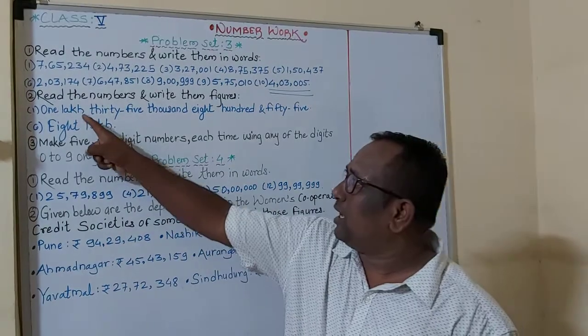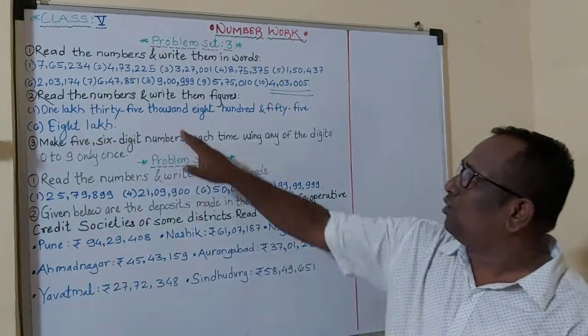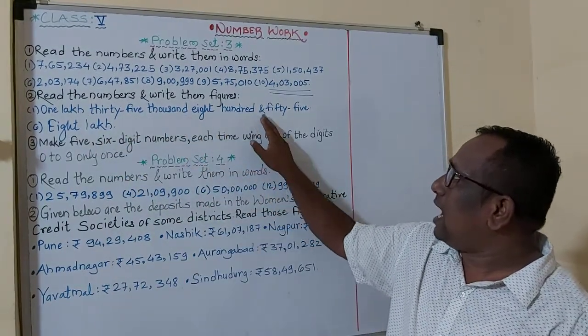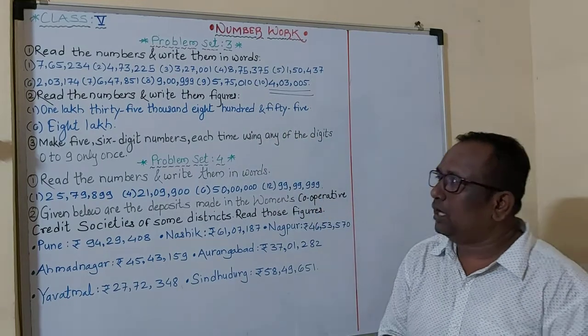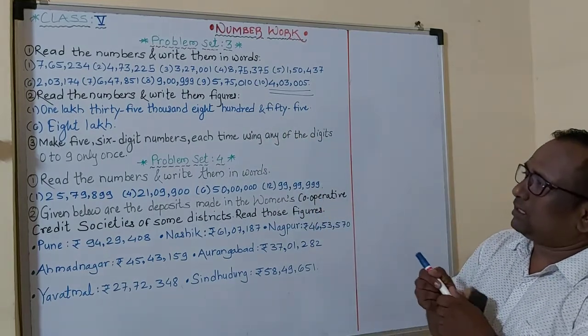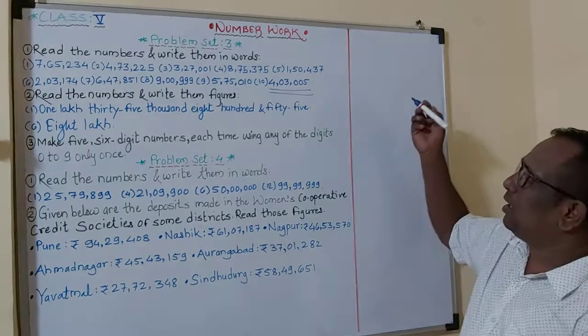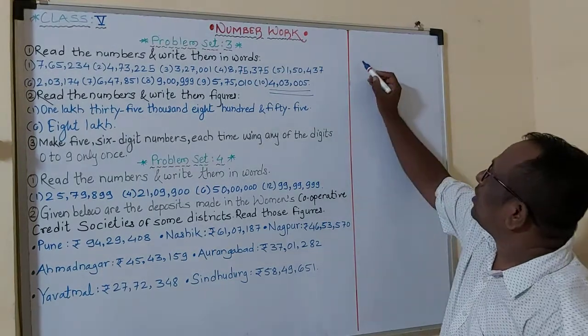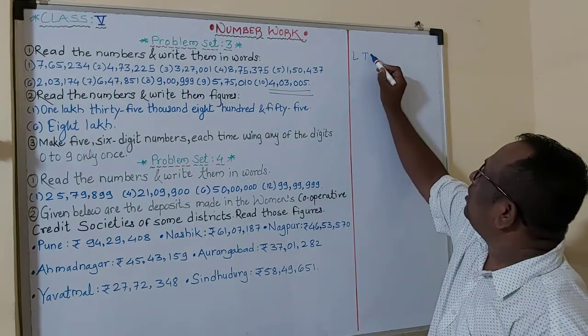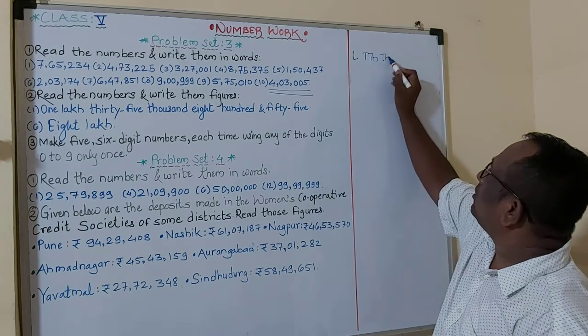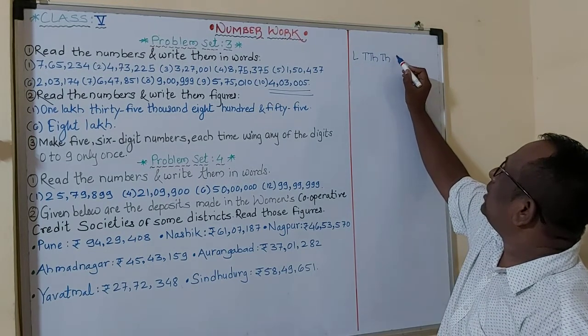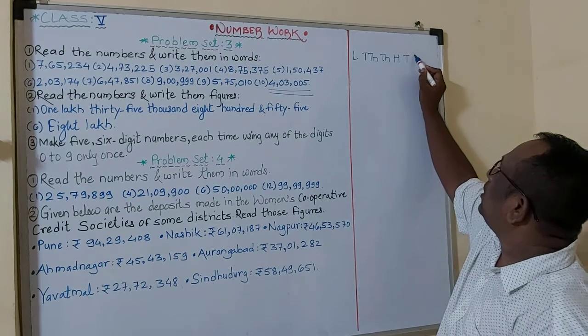First one, 1,35,855. Look here, just as I told you, make the columns: lakh, 10,000, 1,000, then 100, tens and unit.